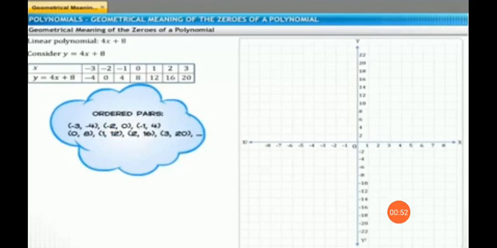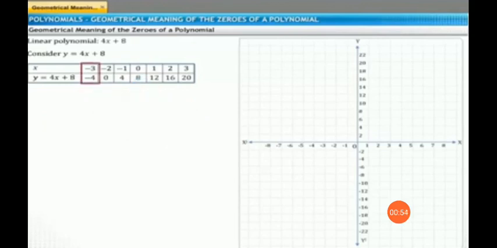The first coordinate, -3 comma -4, we will plot on the graph. Next -2 comma 0. Similarly -1 comma 4, 0 comma 8, 1 comma 12, 2 comma 16, 3 comma 20.